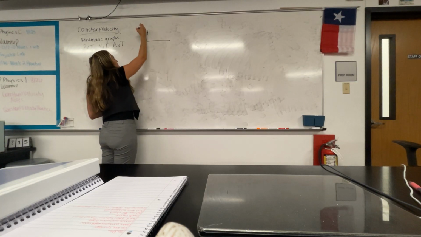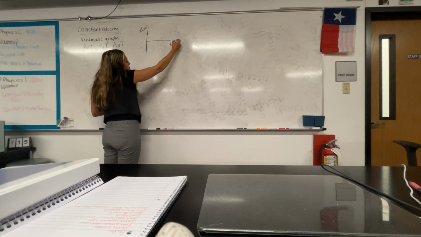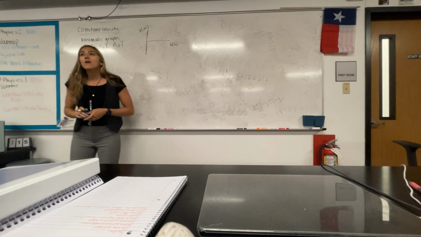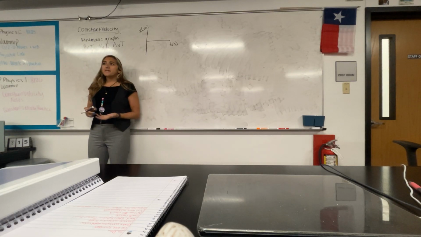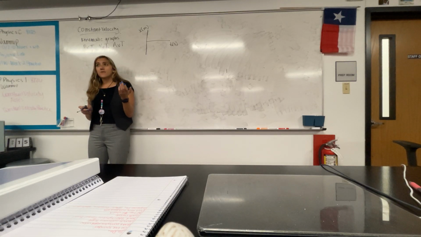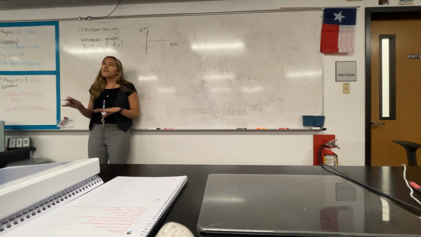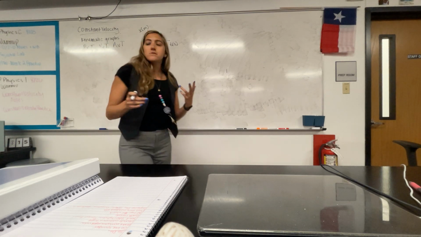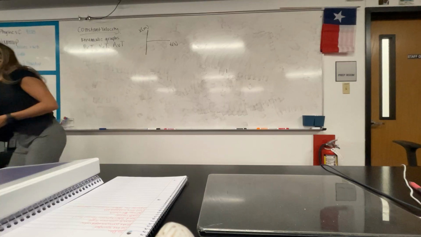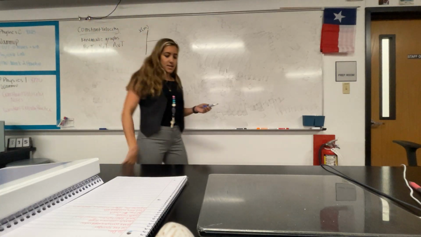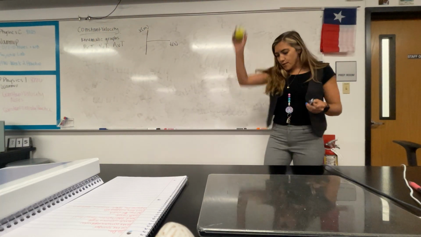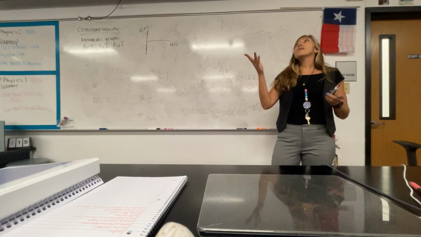So if this is a position versus time graph, it looks something like this. So instead of writing the word position, I write X, okay? X is going to cover pretty much everything we do for a while, until I take this tennis ball, drop it, throw it up.